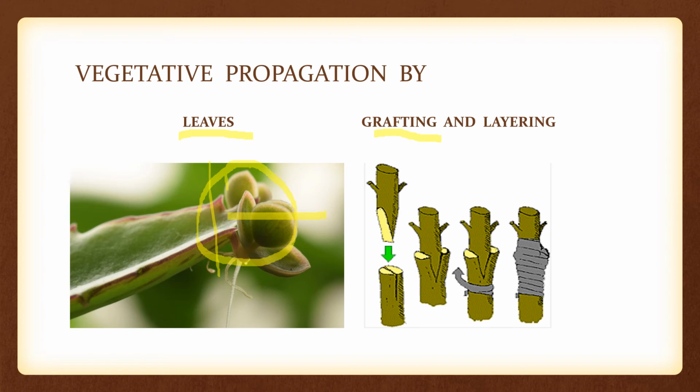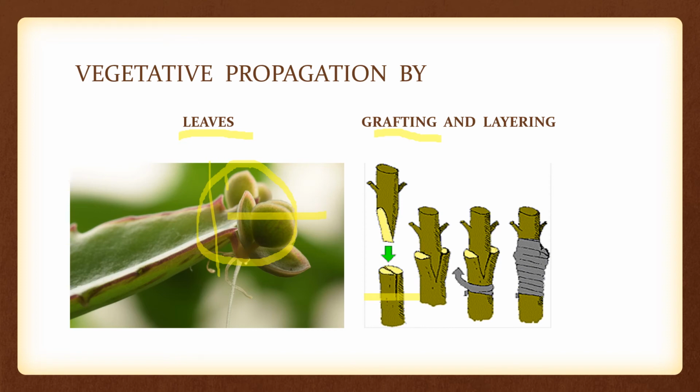See, this is the parent plant. A piece of the parent plant stem is cut and inserted in the other part. So a cutting may be taken from the parent plant and rooted. This is done in plants like rose, guava, and bougainvillea.